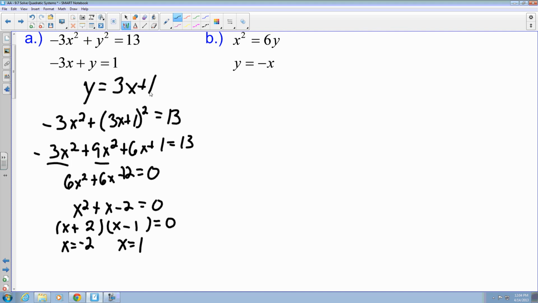If my x is negative 2, then my y will have to be negative 5. So that's one coordinate, negative 2 comma negative 5. And then if x is 1, my y is 4. So it intersects at 2 points.